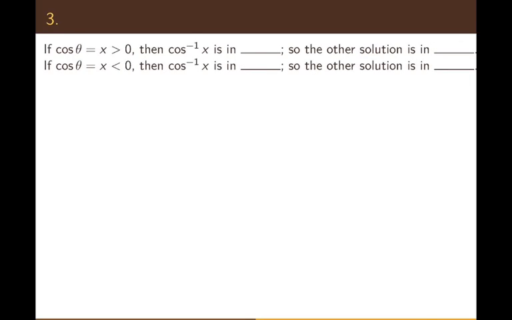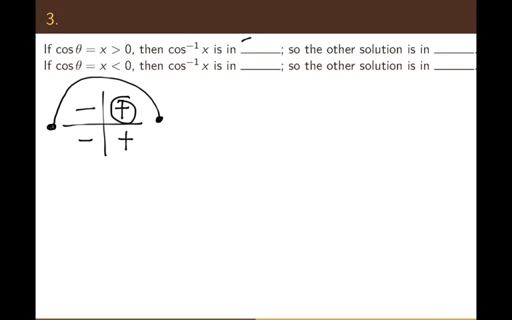Doing the same thing in terms of cosine, where is cosine positive? Cosine is positive in the first and fourth quadrant. And where does cosine inverse have its range? It has its range on the top half. And here it's negative. So when it is positive, the cosine inverse will reside in the first quadrant, quadrant 1.